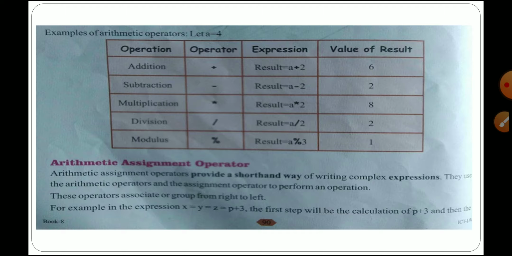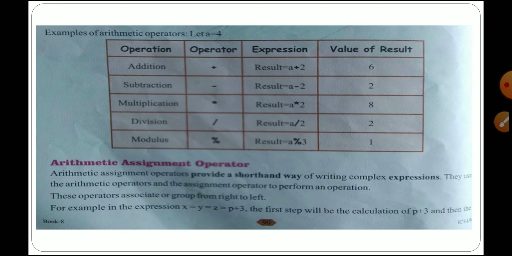We divide a by 3, 4 divided by 3, and find the remainder value, not the quotient value. We display the result only for the remainder value for that modulus symbol. This is the way to use arithmetic operators in the C programming language.